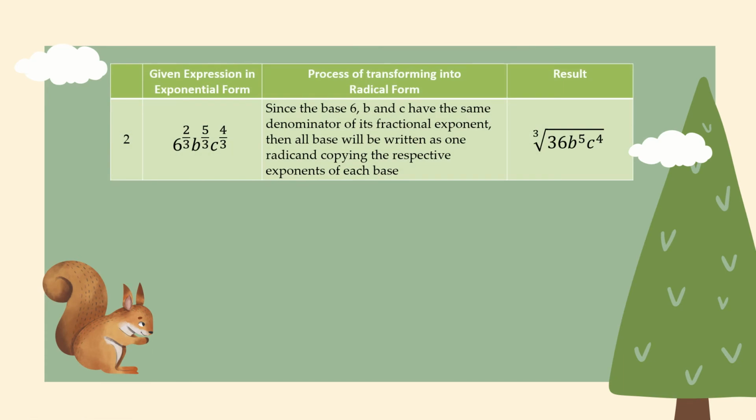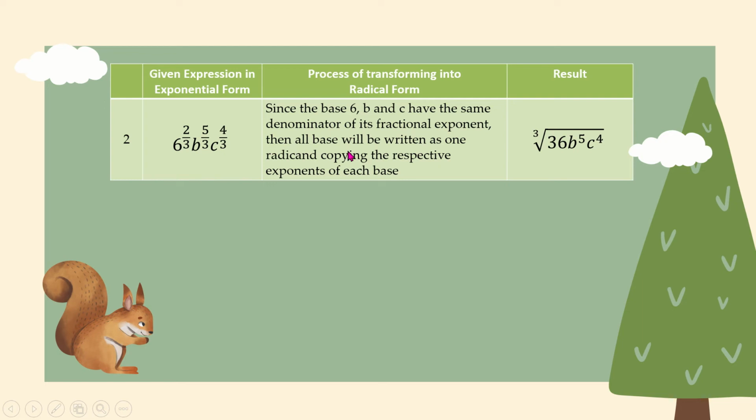Second example. The given is 6 exponent 2/3, b exponent 5/3, c exponent 4/3. Since the base 6, b, and c have the same denominator in their fractional exponents, since the exponents are all fractions in nature, they have the same denominator 3.